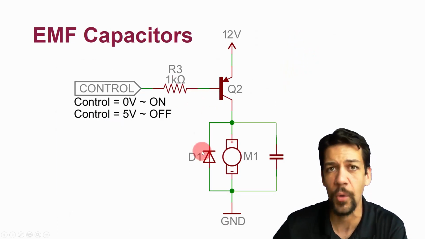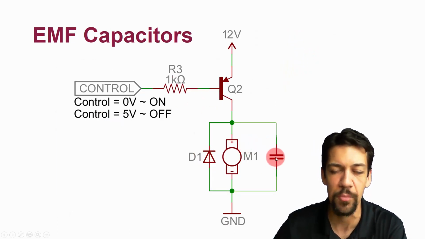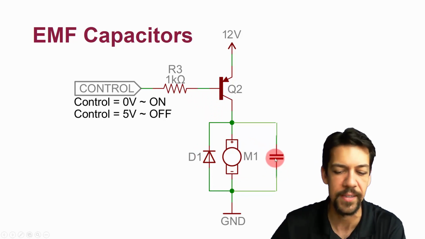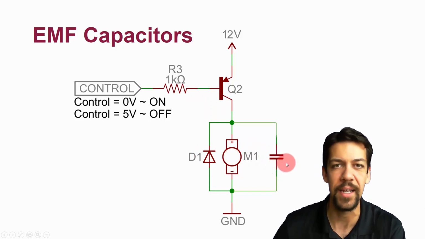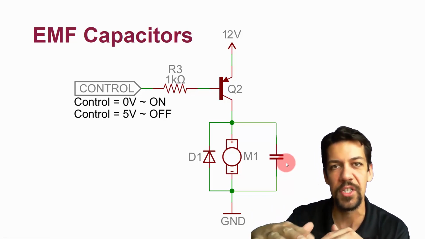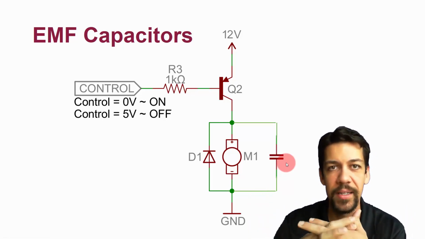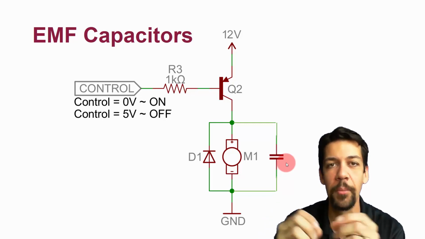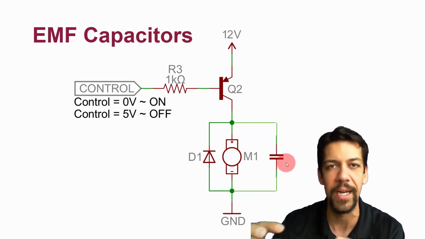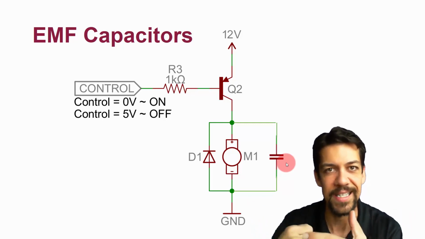The way we mitigate that is by putting a small ceramic capacitor across the terminals of the motor. What this does is it smooths out those little spikes and damps down the electrical noise. It damps down the radio noise that's being generated. You'll still get some from the commutator itself, but it isn't being amplified by the rest of the circuit. So it gets snubbed right there.